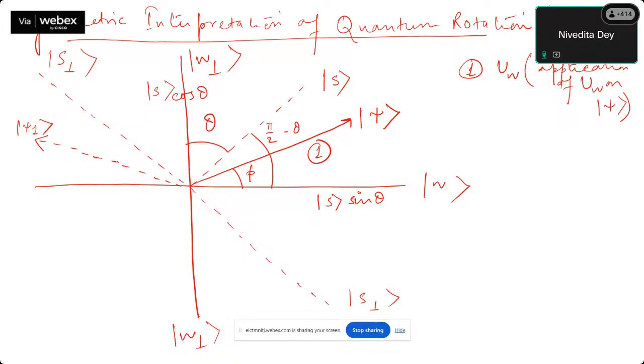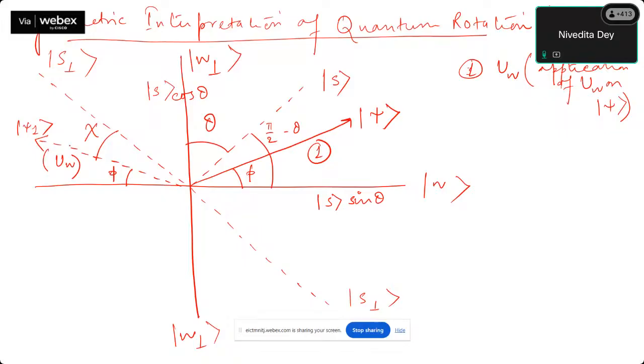So that means if this is phi, this angle will be phi. And say this angle made is lambda. So if this is lambda, first of all, this is an application of UW on psi, I have got psi 1 here.